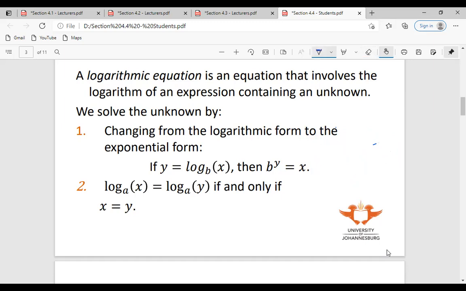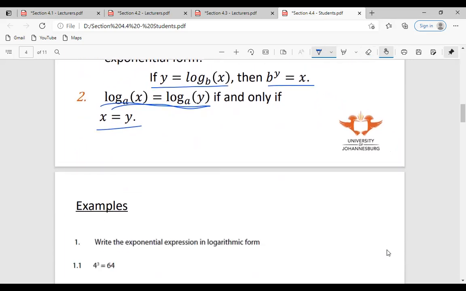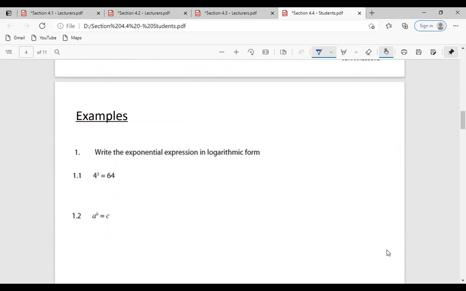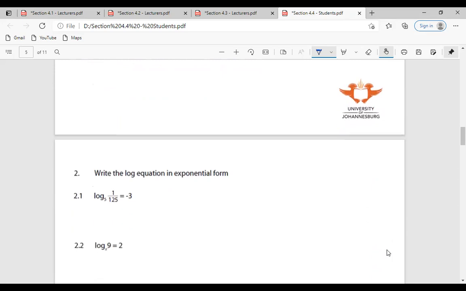It will either come to you in this form, wherein you change it to the exponential form so that you remove the log, or it will come to you as two logs of the same base being equal, so that you can equate their arguments and solve, about the same thing as we saw with the exponents. Now let's look at a few examples on how to solve this.